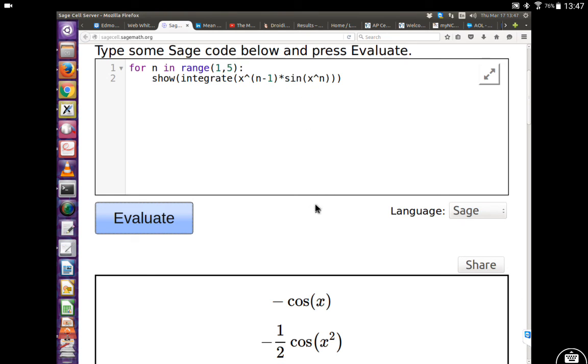The antiderivative is cosine, right? But what if n is 2? Well, the antiderivative of x to the 1 times sine of x squared, well, do u-substitution. U is x squared, du is 2x dx, replace the dx with du over 2, and that's where you get the 1/2. The negative came from the cosine. And so forth and so on down the line.